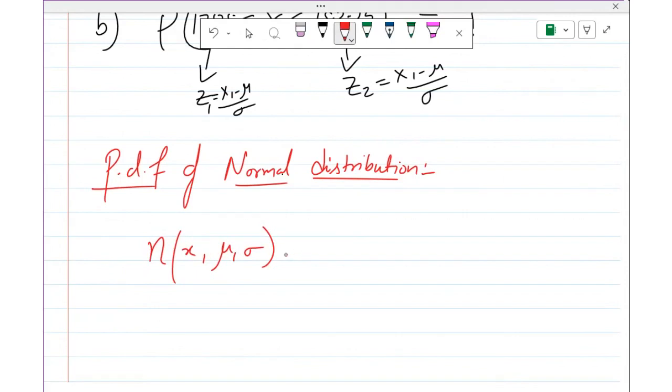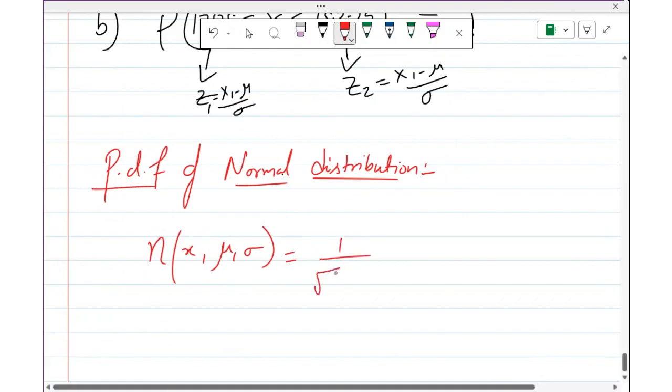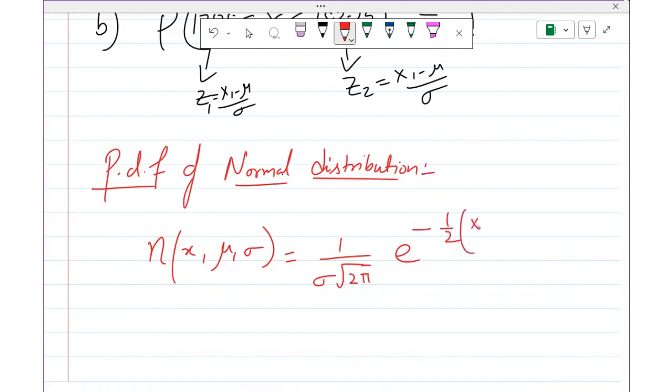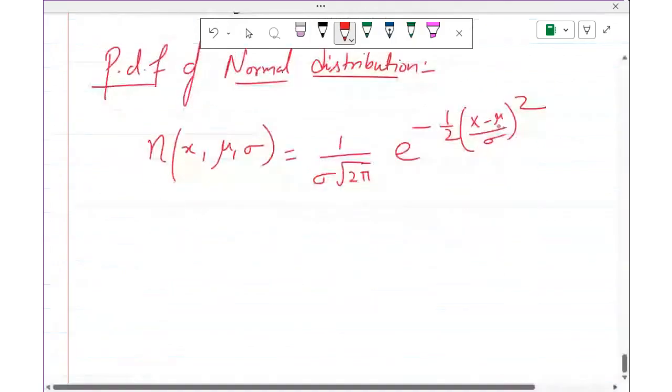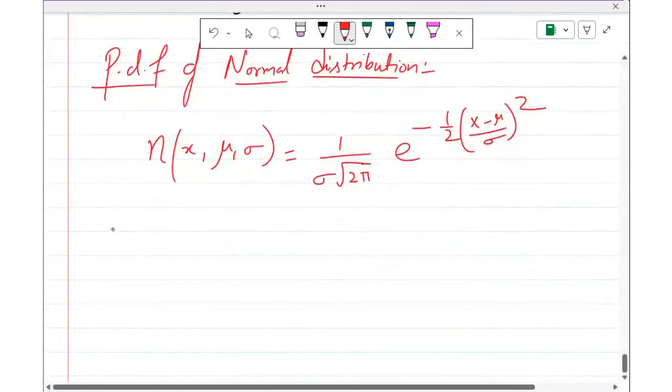So this is equal to 1 upon sigma under root 2 pi, e power minus half, x minus mu divided by sigma, whole square. Okay, this is the probability distribution function of the normal distribution.